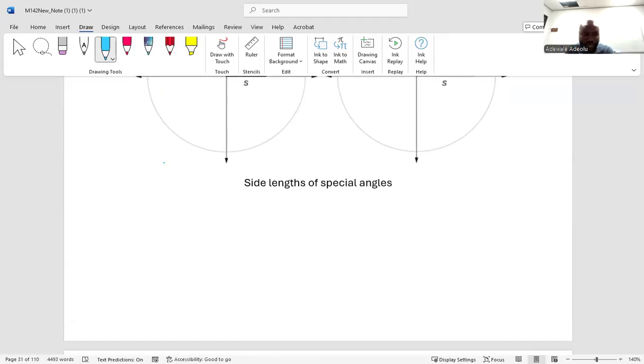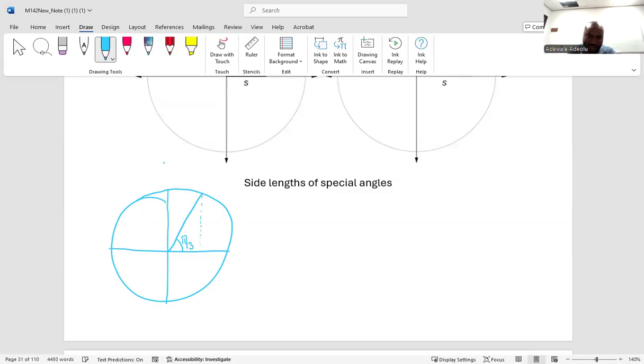Suppose we have something like this, our unit circle, and let me call this place angle pi over 3.